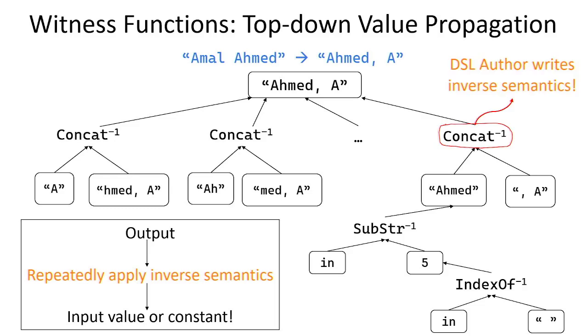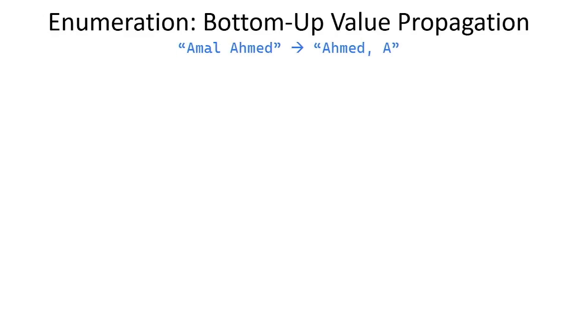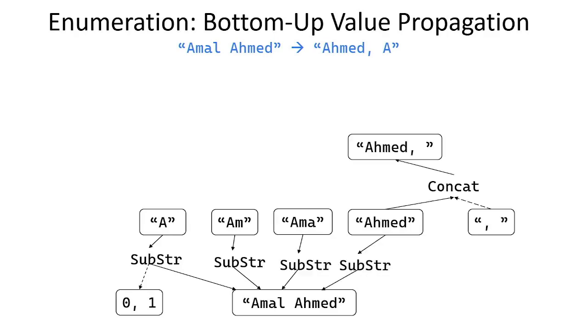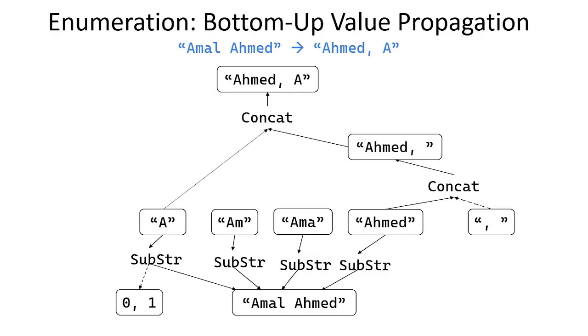And the DSL author actually writes these inverse semantics functions or witness functions. Now, bottom-up value propagation is the opposite, right? You start with the inputs or constants, and you keep applying all possible forward semantics, like functions in your DSL, until you end up with the output.